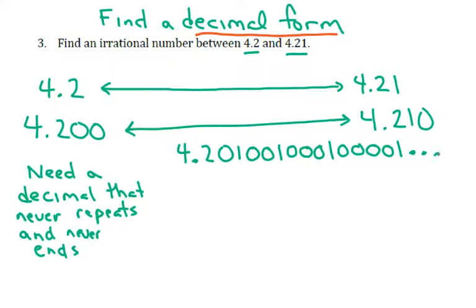Now, this is a pattern. I know what comes next. After this digit here, this 1, there's going to be 5 zeros, then a 1, then 6 zeros, then a 1. So that means it will never repeat.